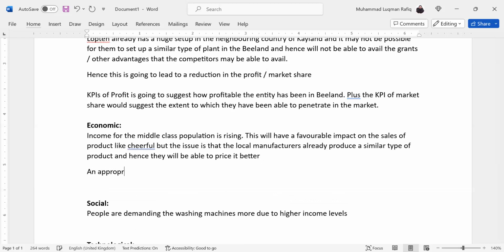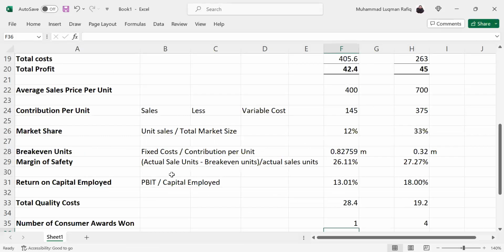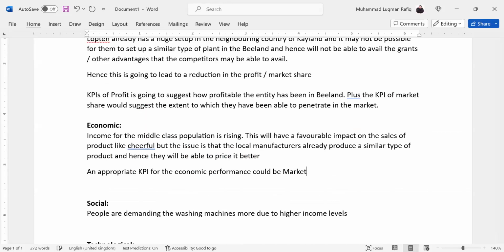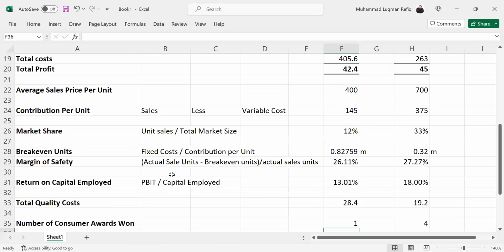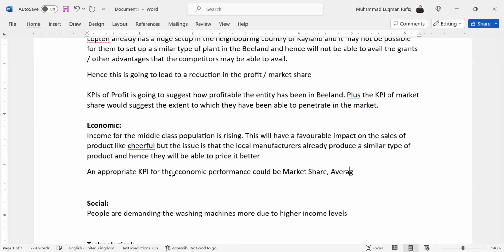An appropriate KPI for the economic performance could be market share, average sales price.